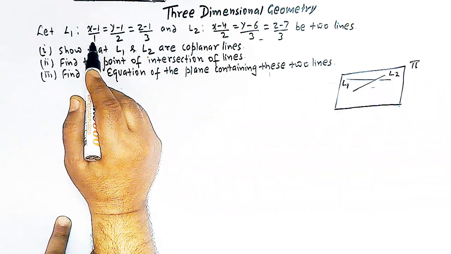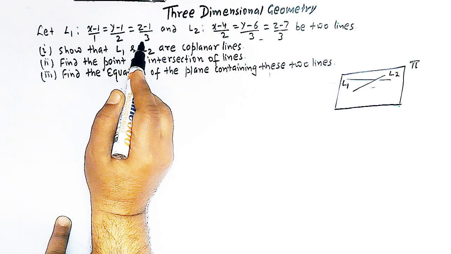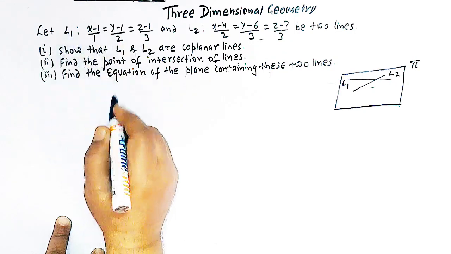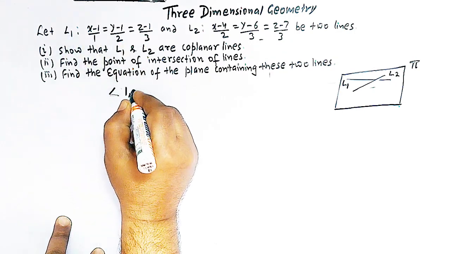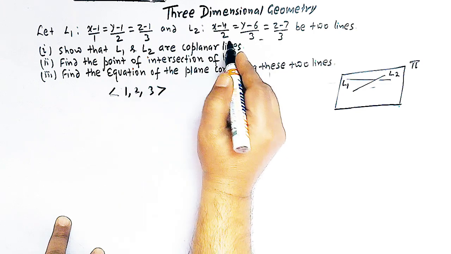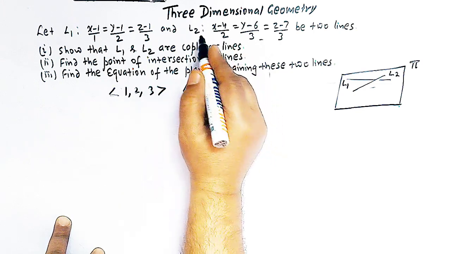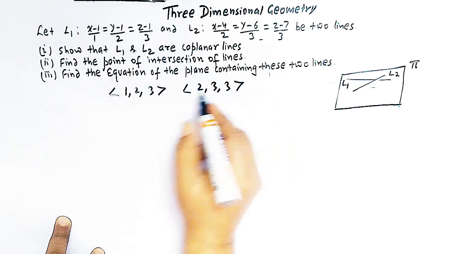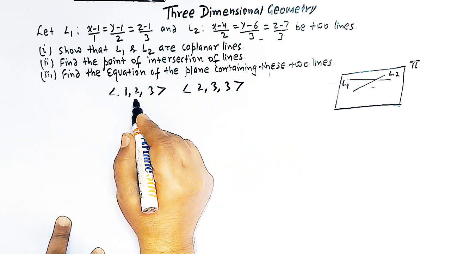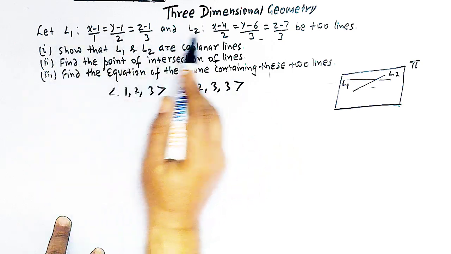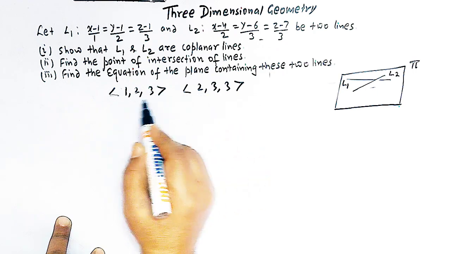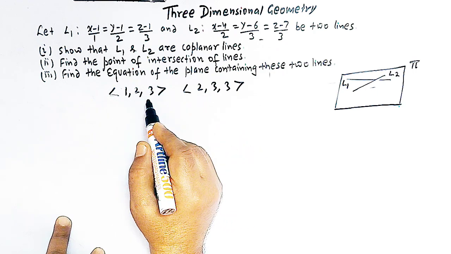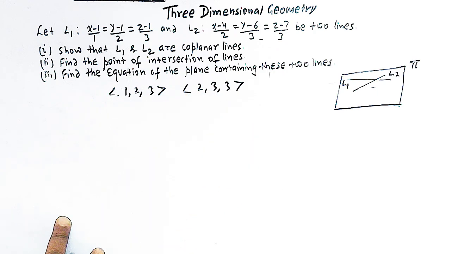Now see here, the direction ratios of the line L1 are given by 1, 2 and 3, and the direction ratios of the line L2 are given as 2, 3 and 3. If we look at the direction ratios of the two lines, these are neither equal nor proportional.